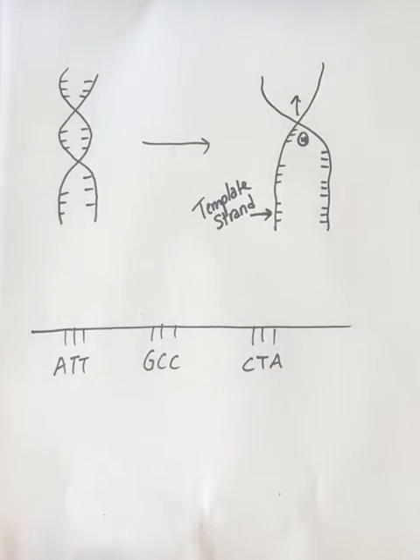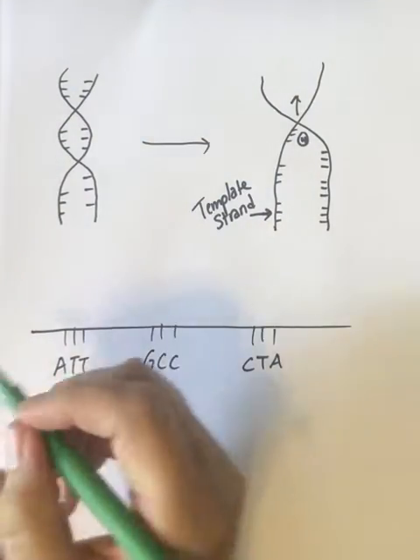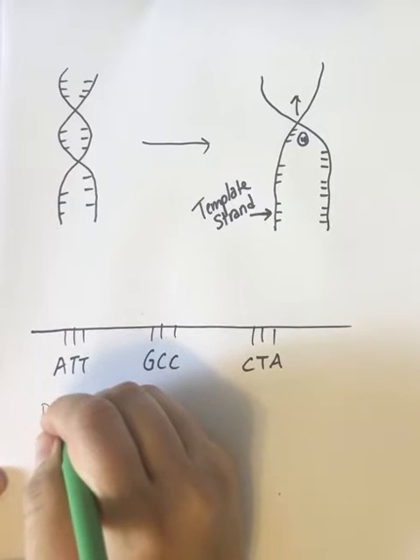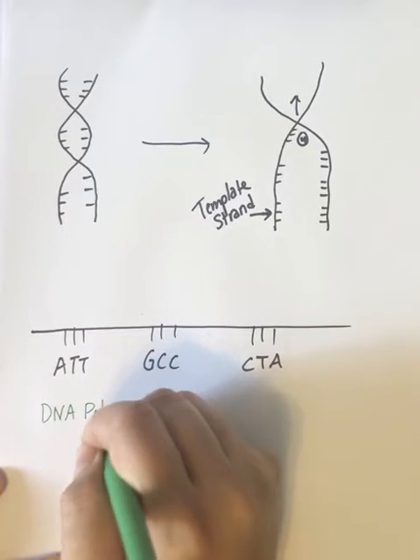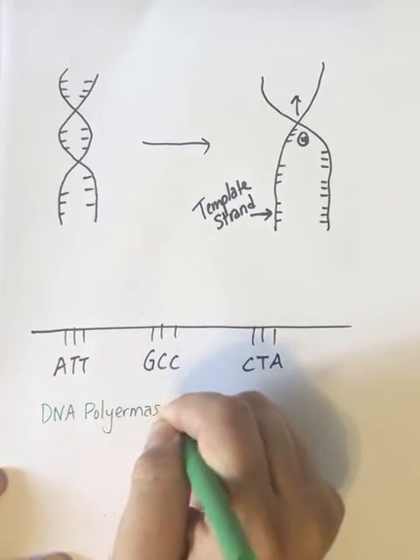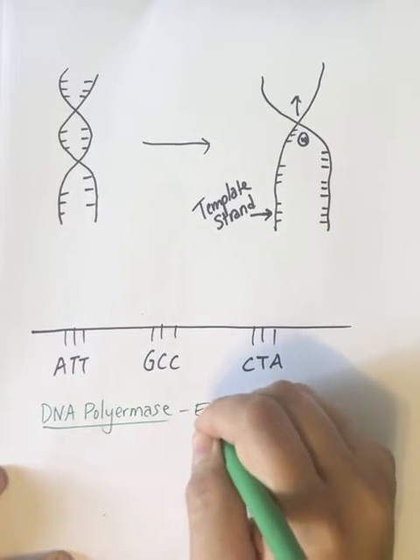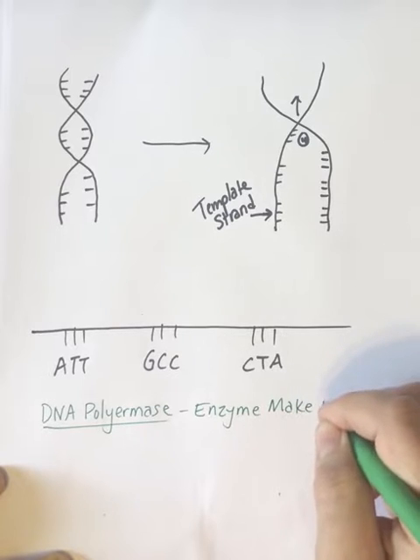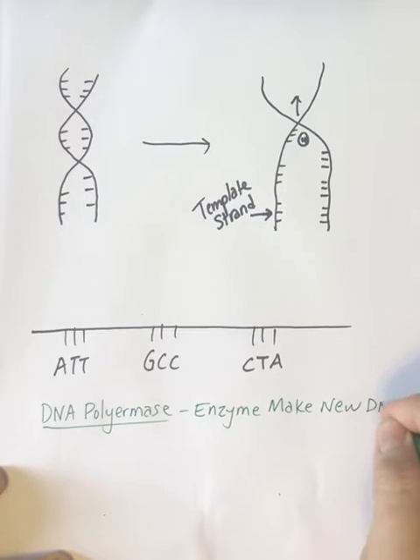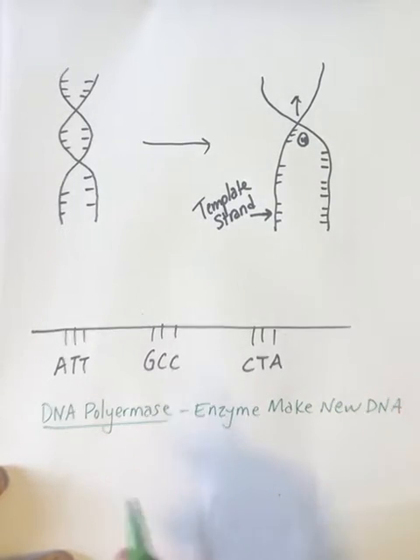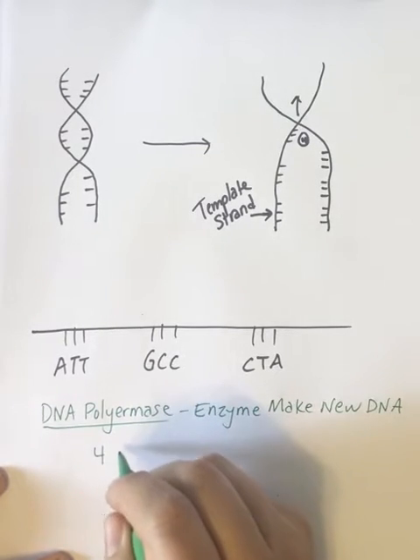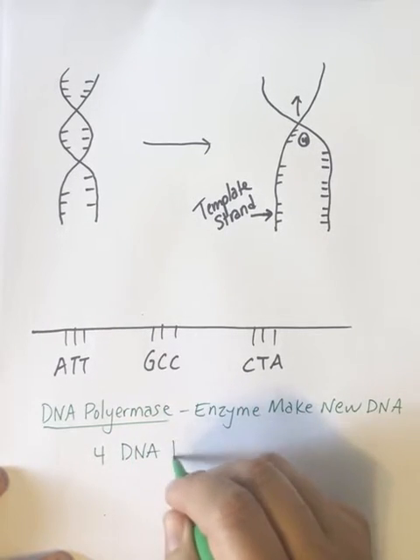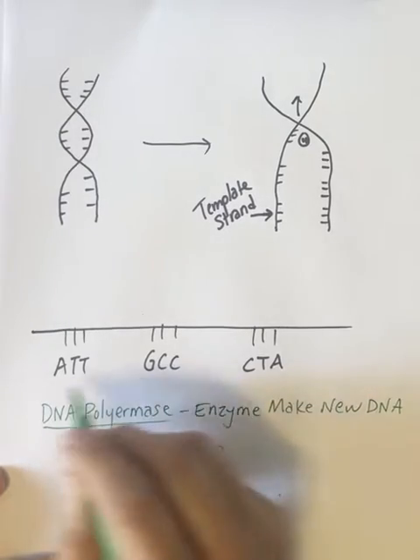So if you remember, DNA polymerase is going to be the enzyme that makes new DNA. So to figure out the sequence, we have to use 4 DNA polymerase enzymes, 1 for each base.